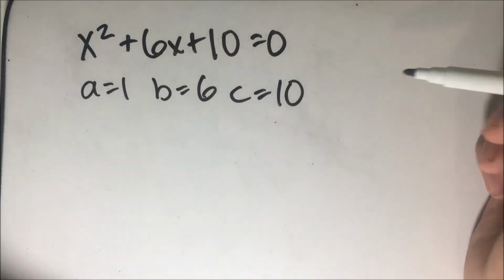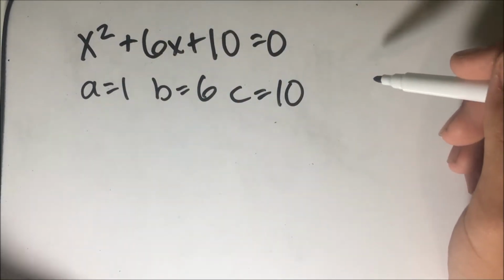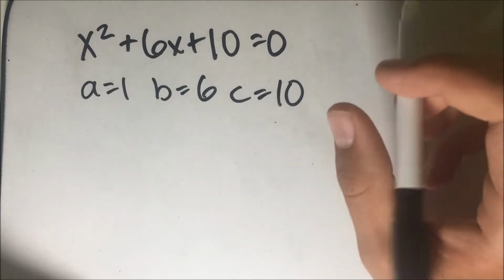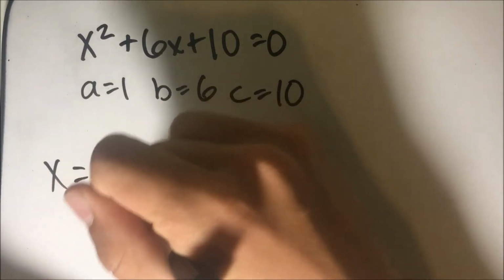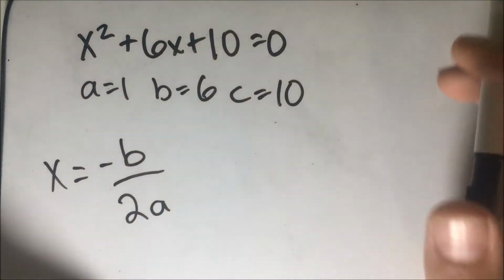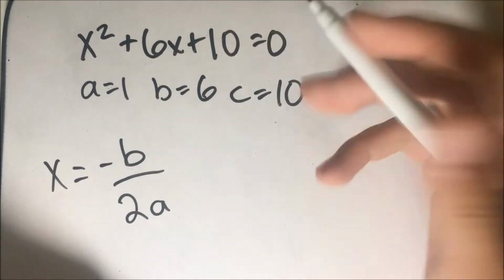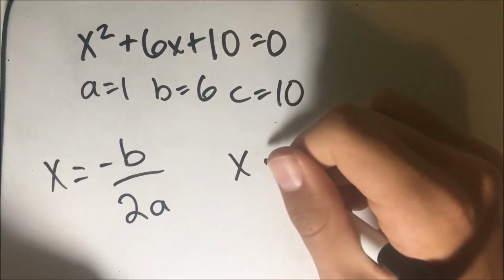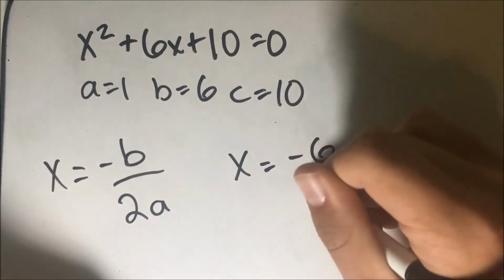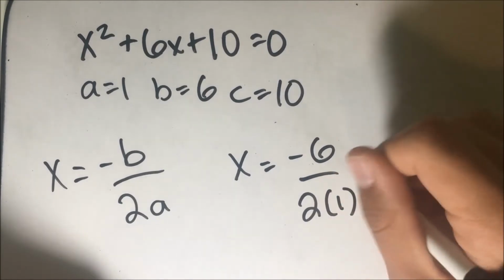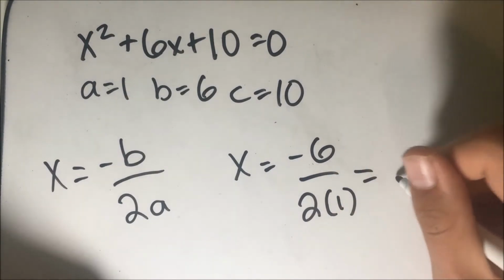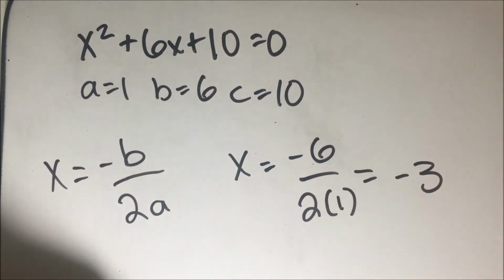So the first thing we're going to do is find the vertex, and the formula to find the vertex is x equals negative b over 2a. So in this case, b is 6, so we're going to plug that in. X equals negative 6 over 2 times a equals 1, so that's 2 times 1, and that equals out to be negative 3, so x equals negative 3.